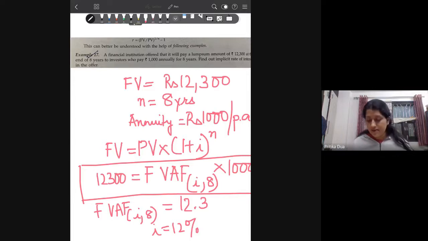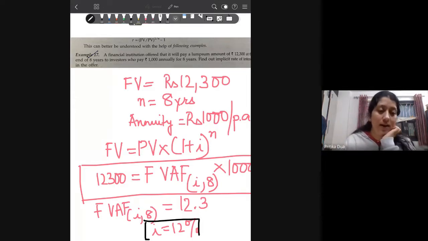So when you have missing values, narrow down to the closest value that you can calculate. And next we take help of the relevant time value table. So here it was future value annuity factor, and depending on the case which we have, we will accordingly look for the missing value.